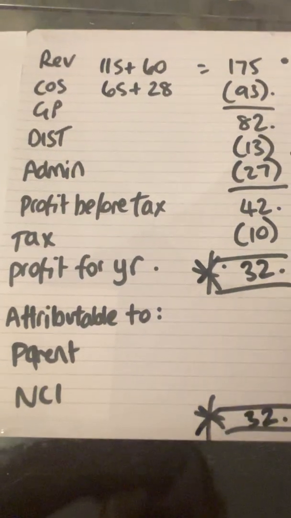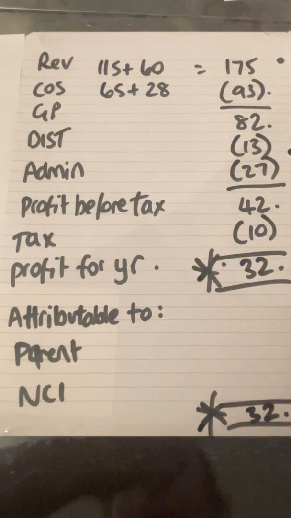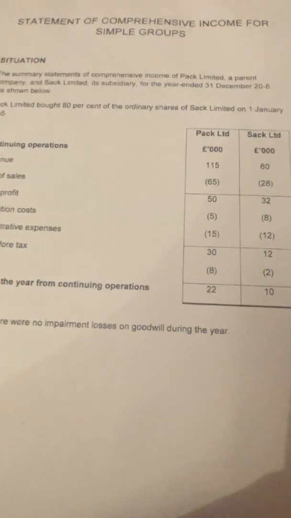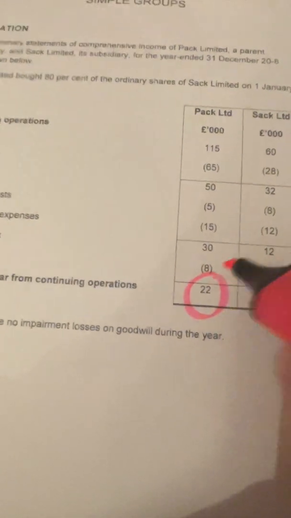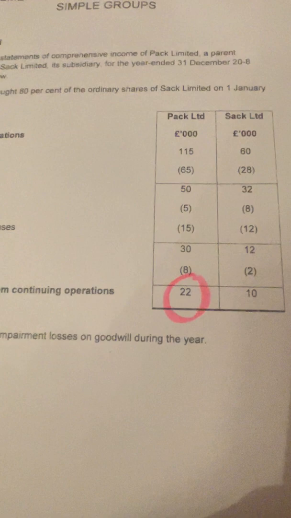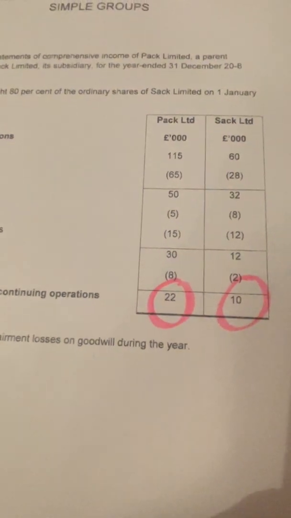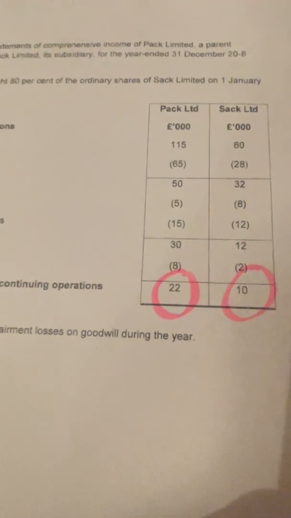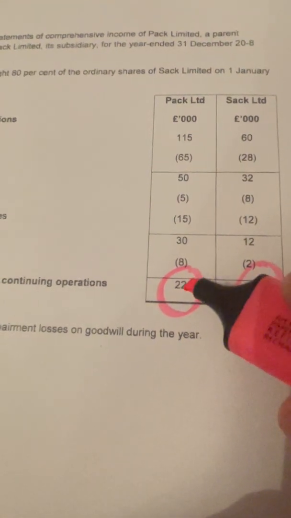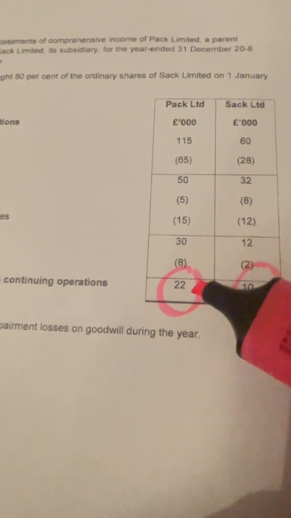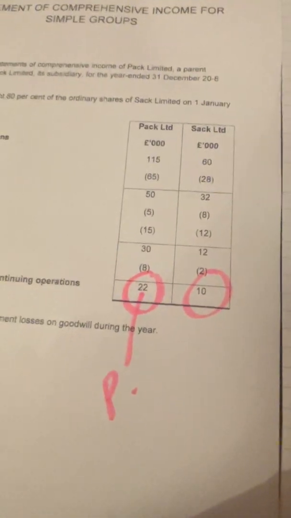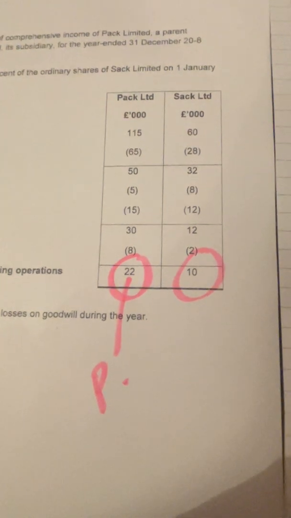Well, this one's very simple, but we want to get the gist of what we do. If I look at this P&L, can you see that the parent has made 22,000 and the subsidiary has made 10,000, giving us our 32? The parent is entitled to their full 22,000. So that 22 belongs to the parent.